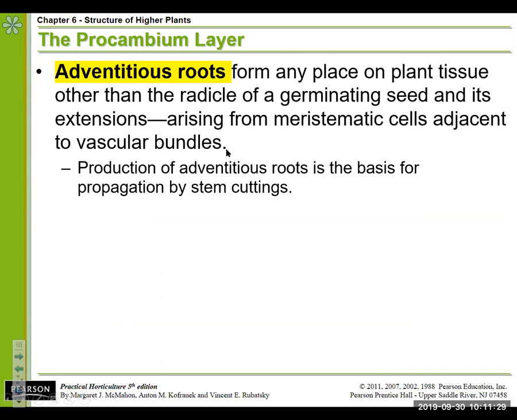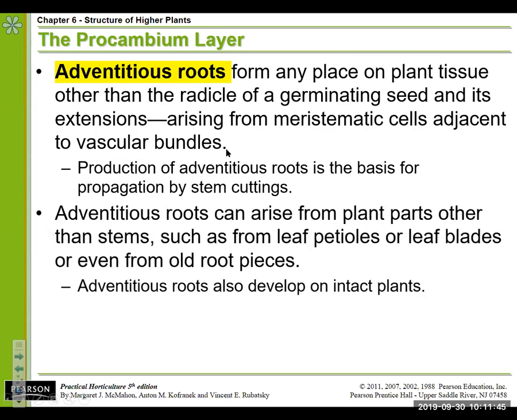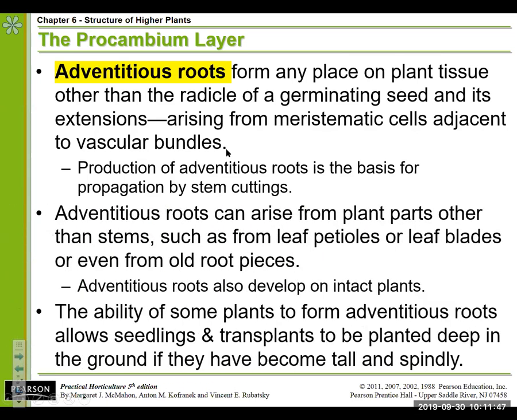The adventitious roots come from between these bundles. And we use that adventitious root production as a way to propagate plants asexually, to clone them and make them into cuttings. They don't have to just come from stems. They can also come from leaves in some cases, and also from old root pieces.